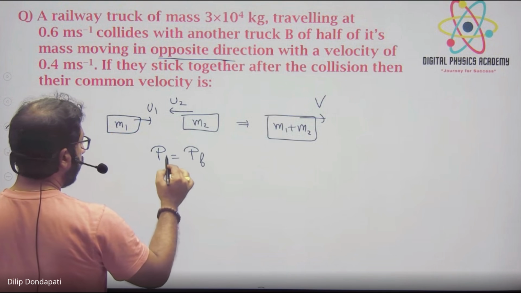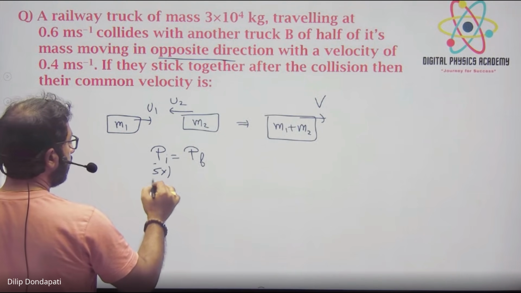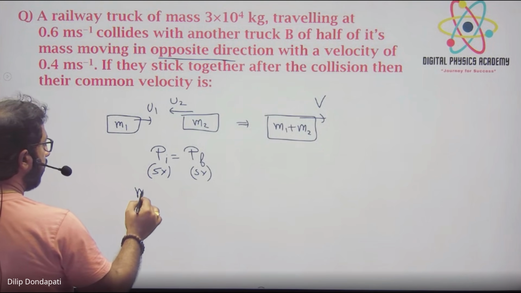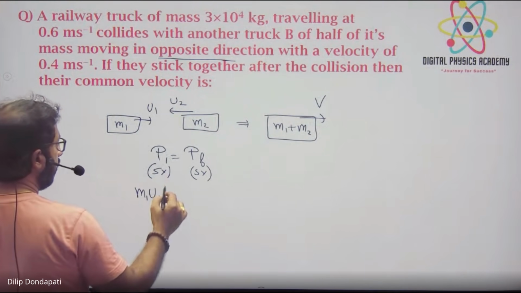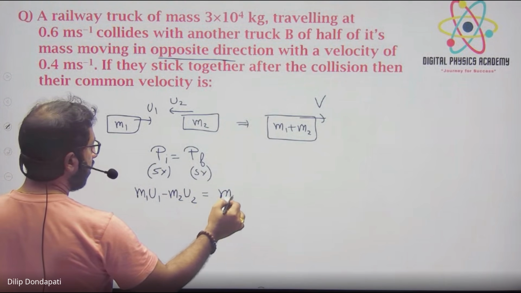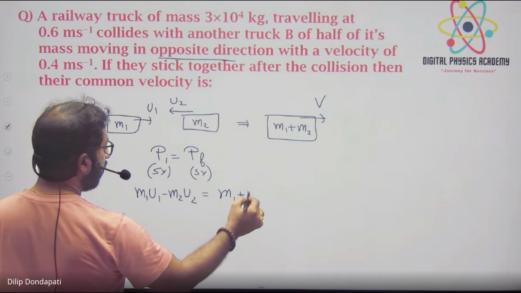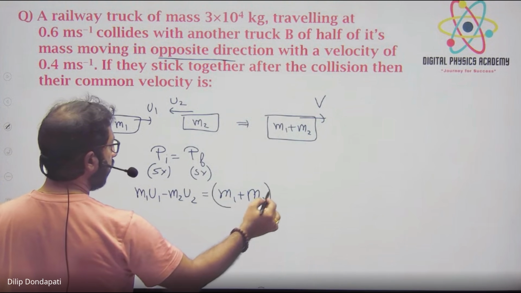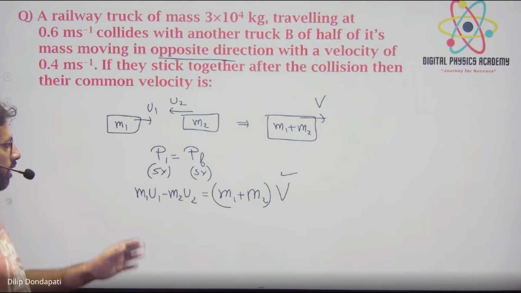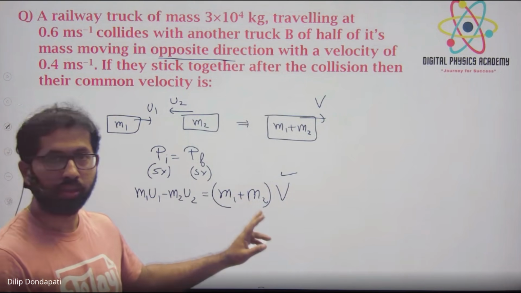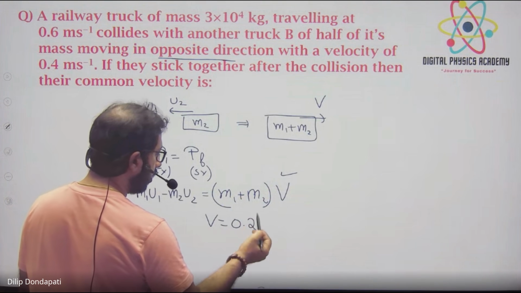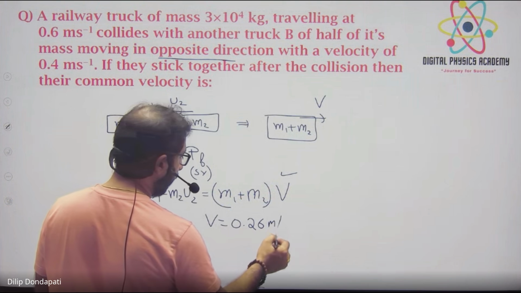And I told you, for a system, however many particles there are, add the momentum of all. So m1 u1 minus m2 u2 is equal to the final momentum, which will be m1 plus m2 into v. From this you can find the common velocity v. You know all the values of m1 and the rest, substitute. So v is equal to 0.27 or 0.26 meters per second.